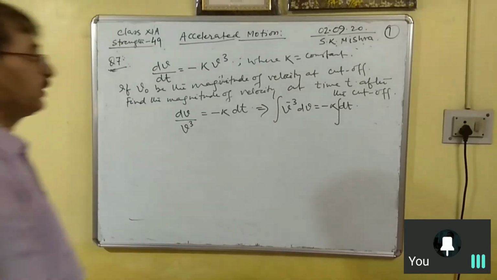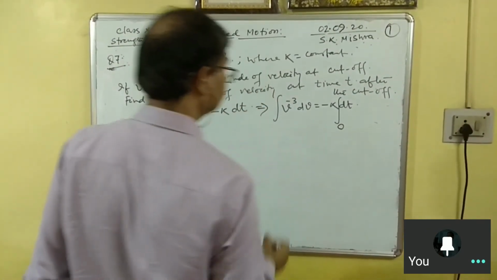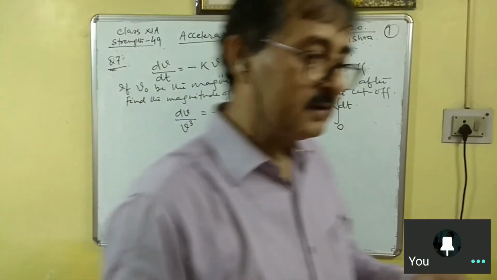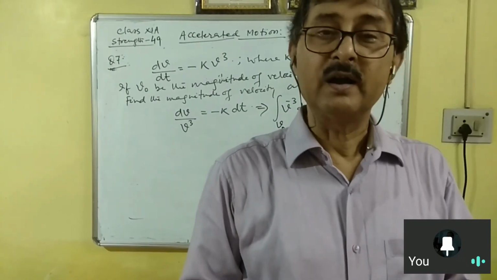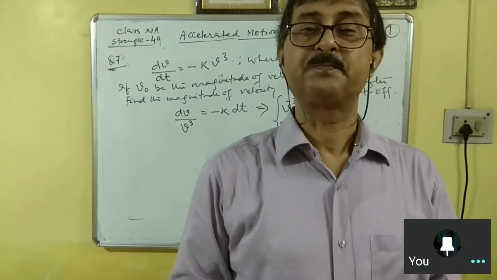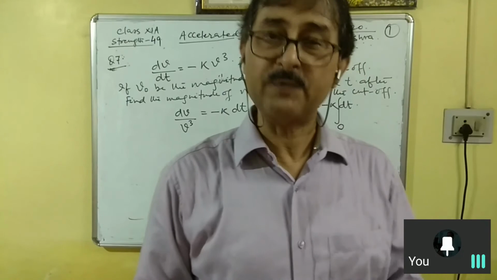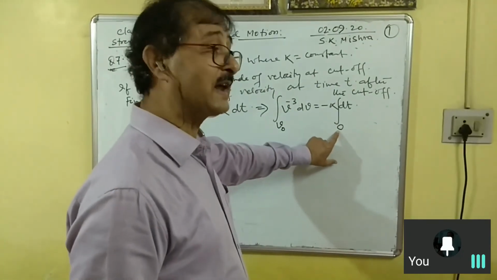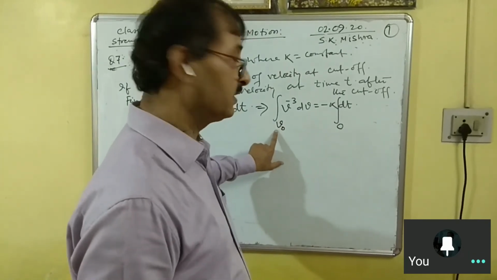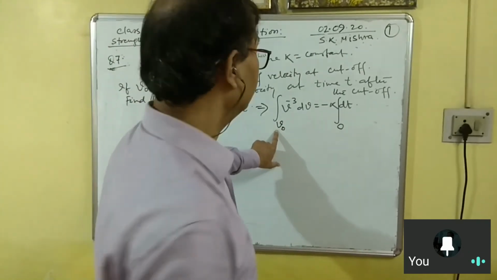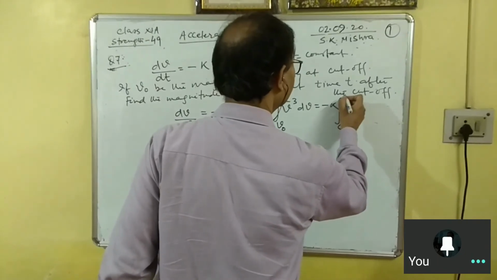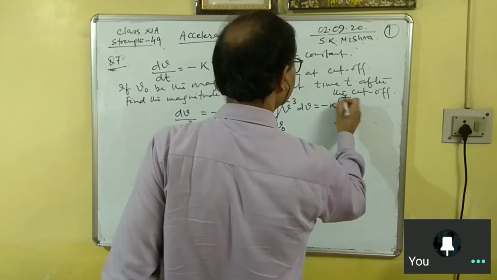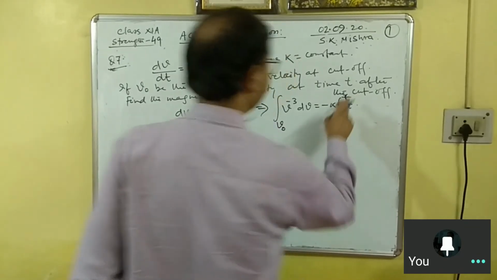If you consider this time as 0, then velocity was v naught. Your time starts from 0 at the time of cutoff. So the moment the engine is cut off, your time starts, so t is equal to 0. At that time, the velocity of the boat was v naught. Now at time t, you are going to find the velocity.